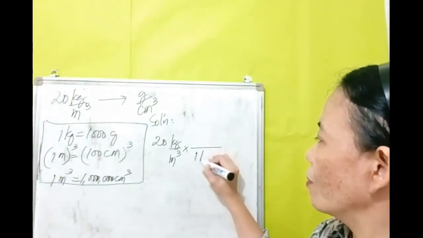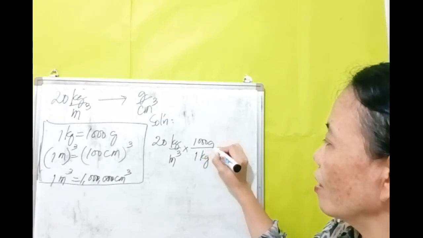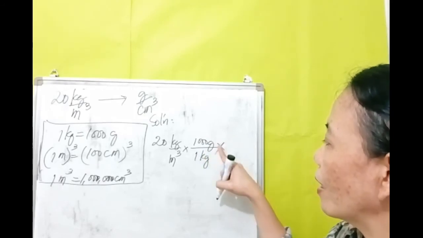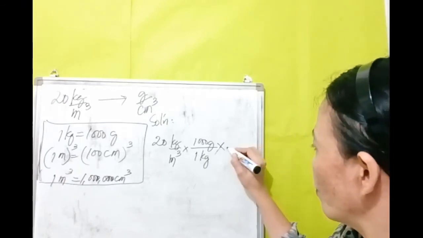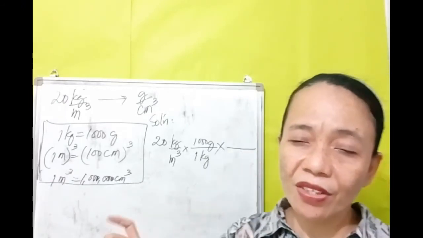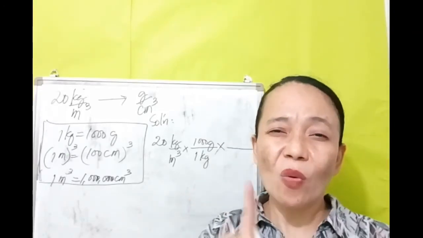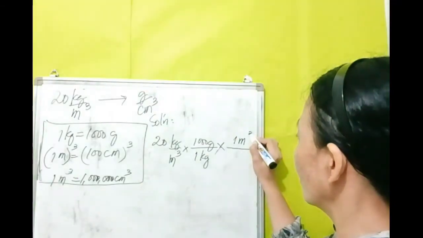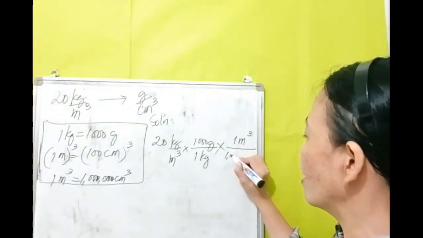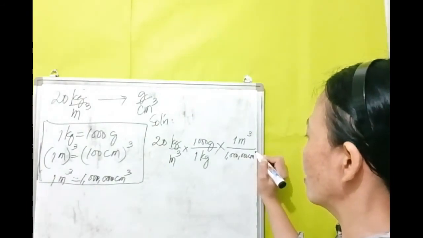So write 1 kilogram in the denominator, 1000 grams in the numerator, multiplied by another conversion factor. So in 1 cubic meter there are 1 million cubic centimeters. So we're going to write 1 cubic meter in the numerator, then 1 million cubic centimeters should be written in the denominator.